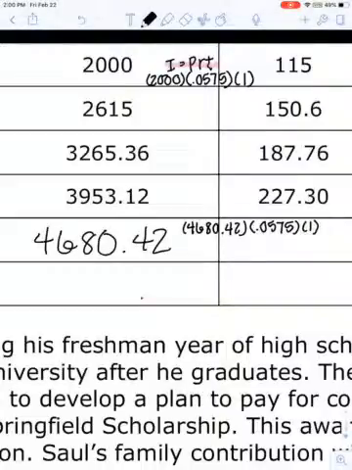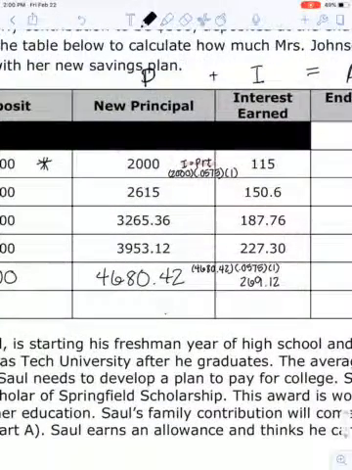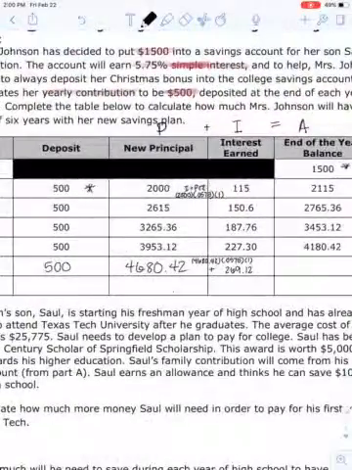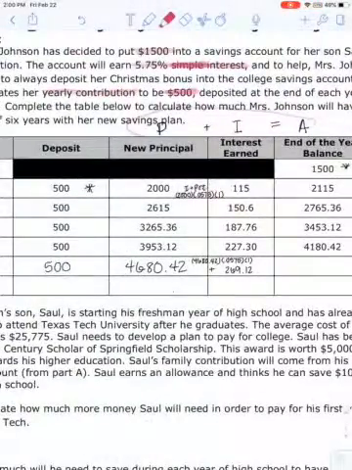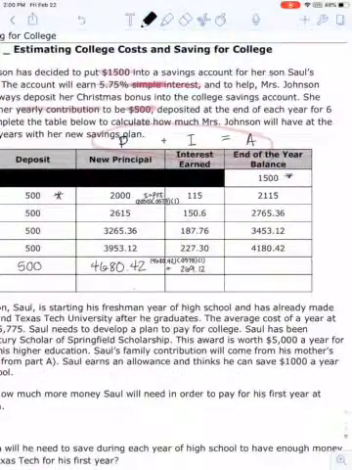Once you type that into your calculator, you get $269.12. And then remember, we add these two values. We follow this process that we outlined at the top, right here. We add our principal and our new interest to get our new end of the year balance, which would be $4,949.54.